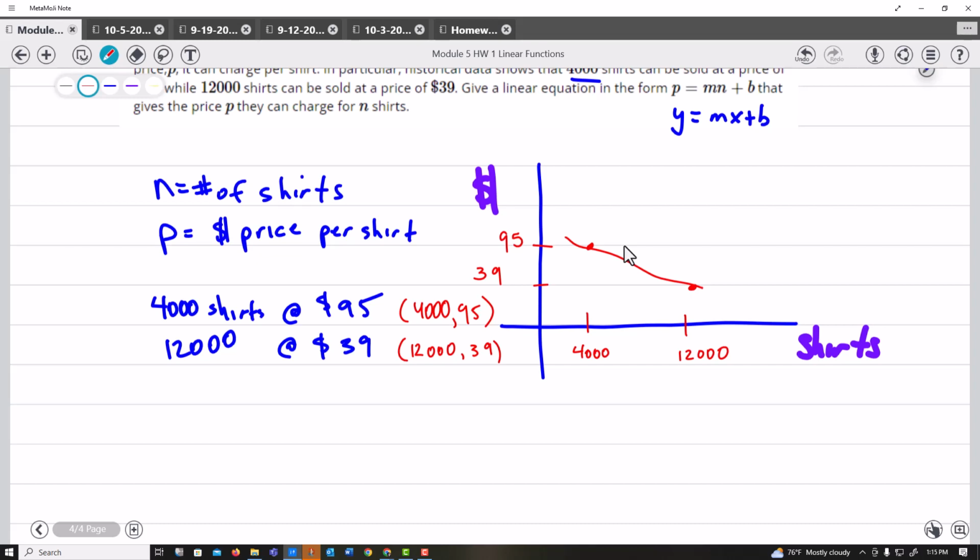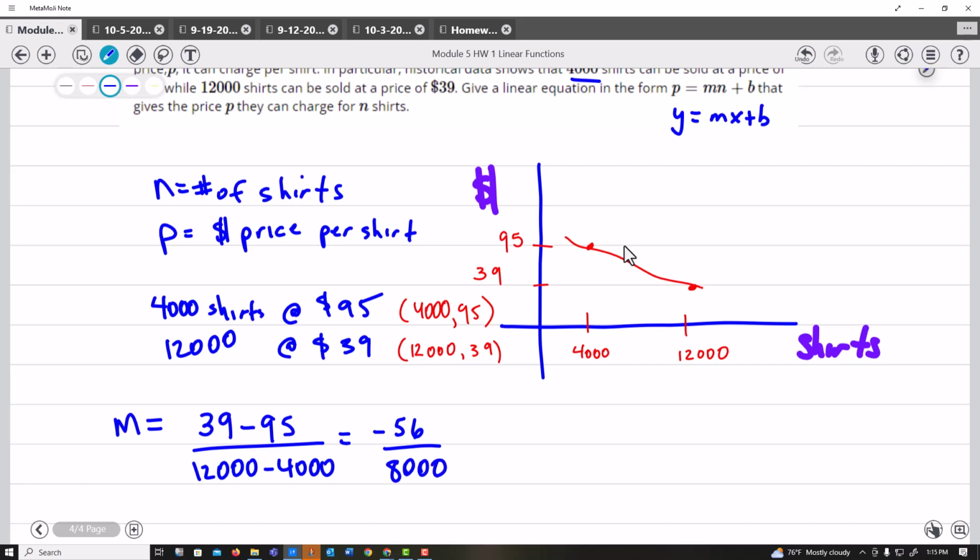So the first thing I want to do is find my slope, which is going to be the differences in my y's over the differences in my x's. I take 39 minus 95, and I get negative 56. And I take 12,000 minus 4,000, and I get 8,000.